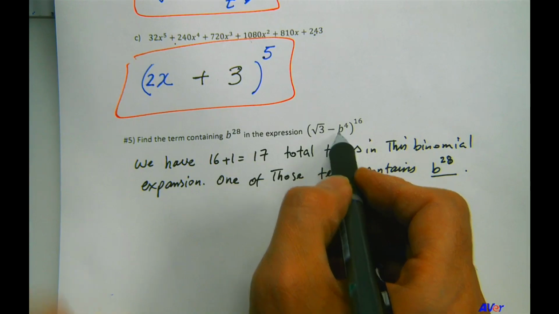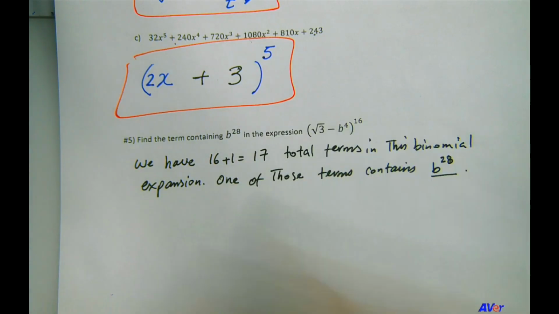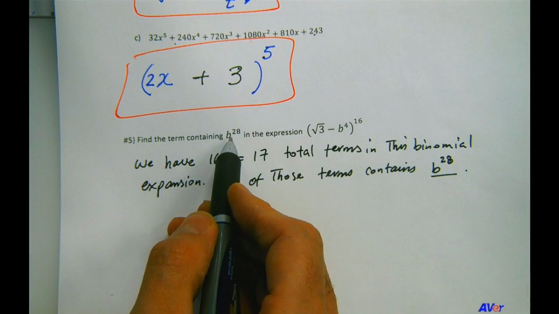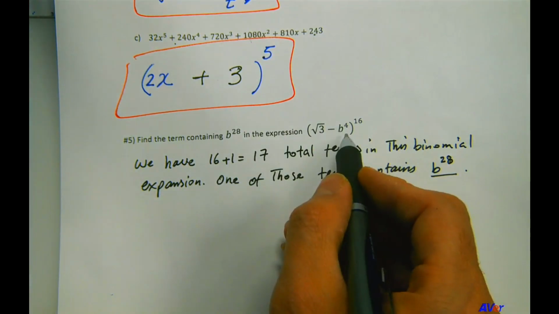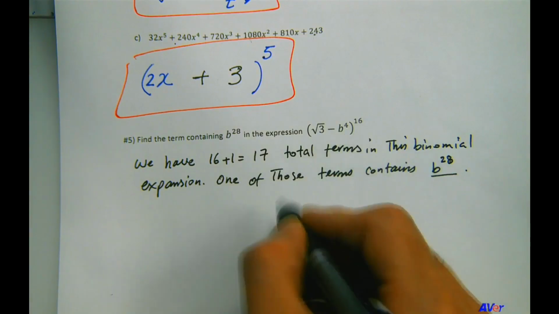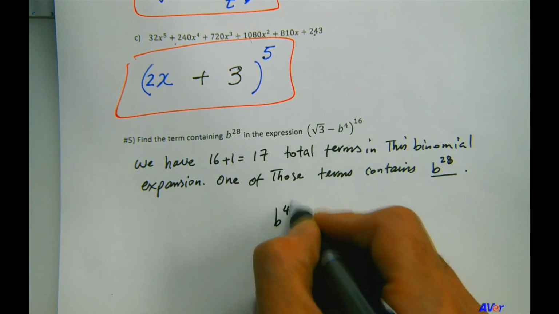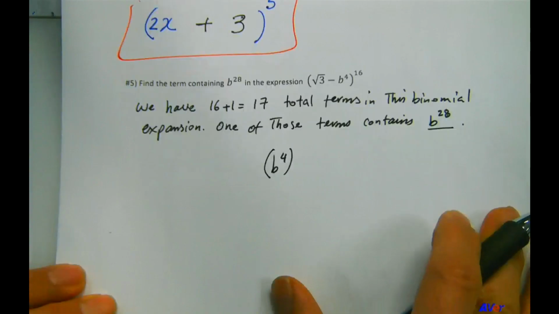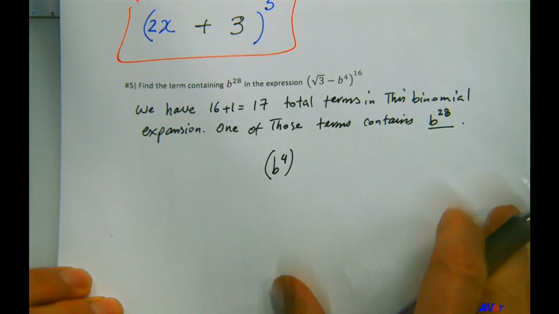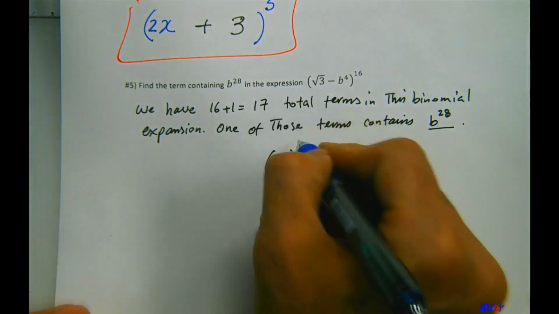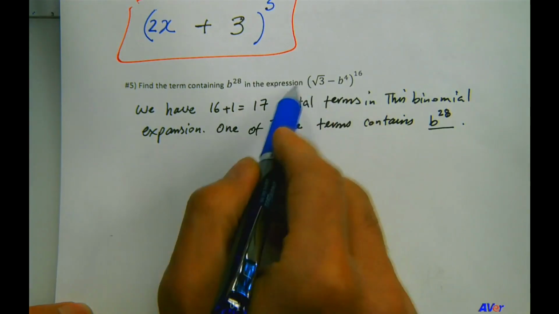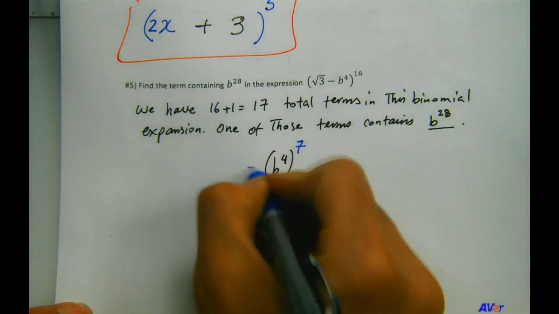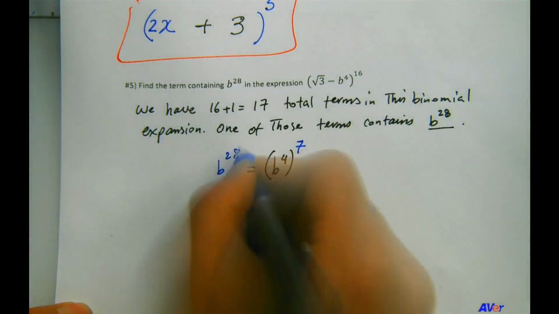If we're going to raise b to the 4th to some power and get 28, to what power should we raise it? We're going to have to raise it to the 7th power, right? So b to the 4th power raised to the 7th power is going to give us b to the 28th power, right?